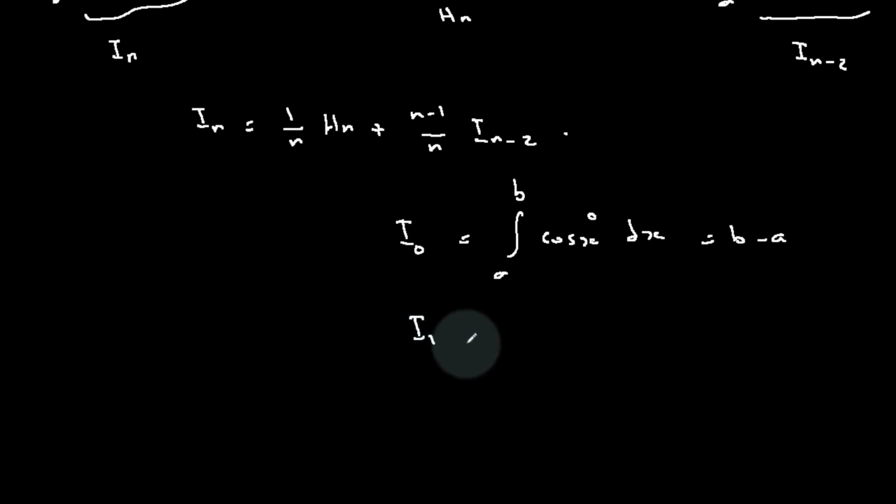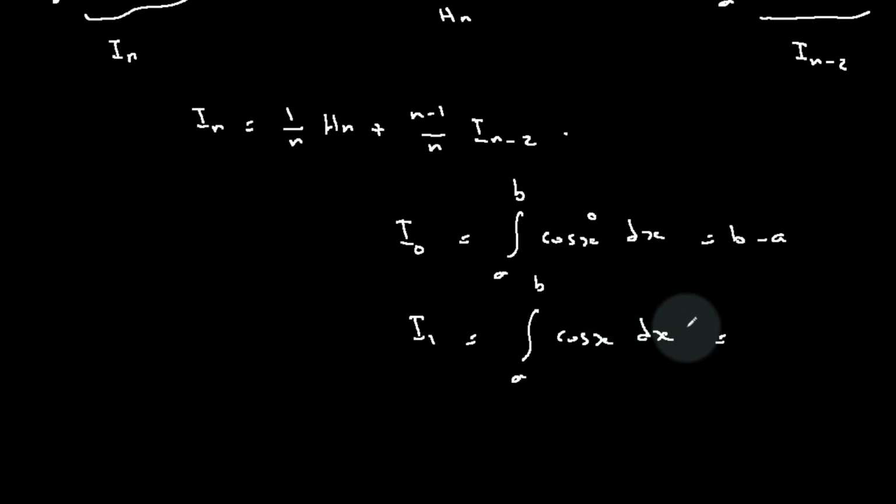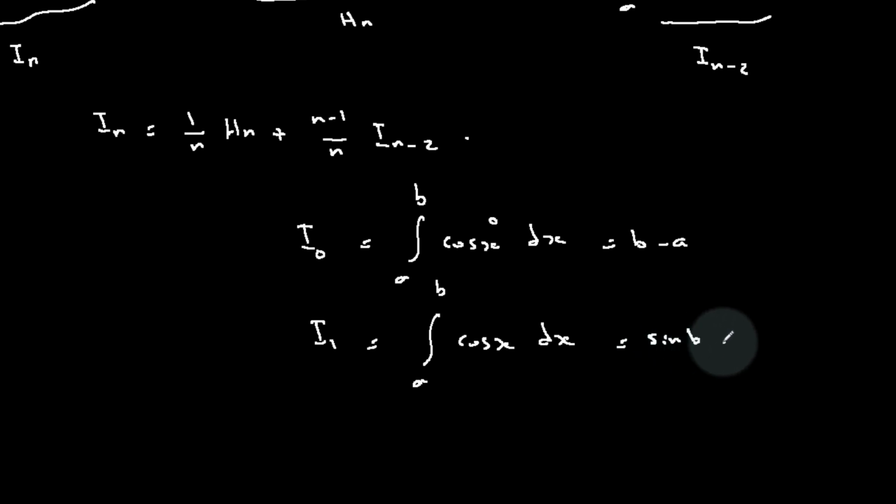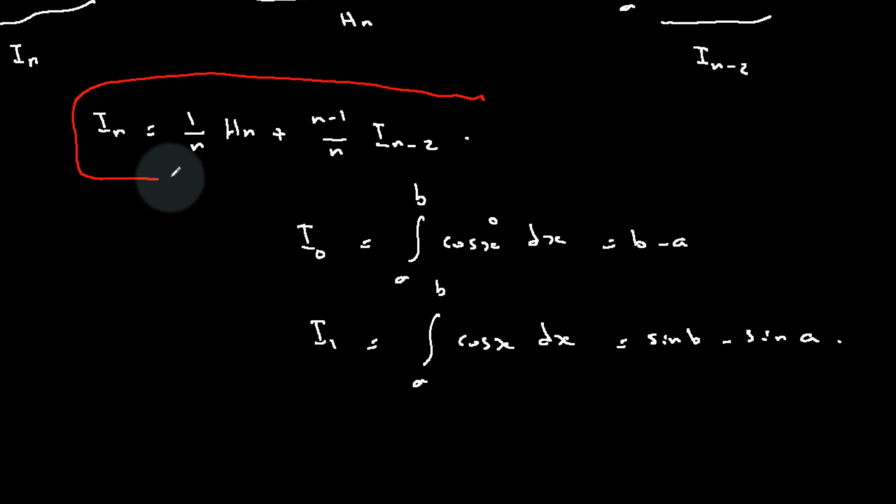And we calculate I1, which is equal to the integral from a to b of cosine x power 1, equal to sine b minus sine a. Then we continue to calculate I2, for example, using this recurrence relation.